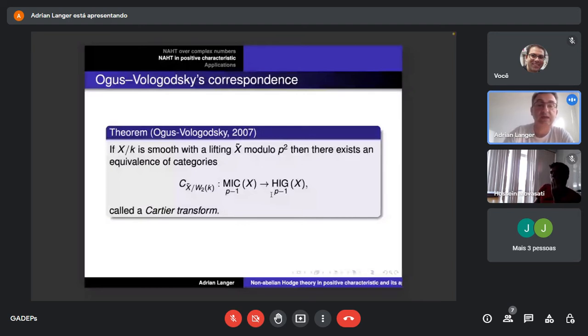But you see here, it is quite funny because this smooth variety can be possibly non-projective.